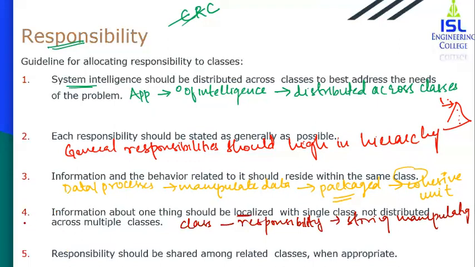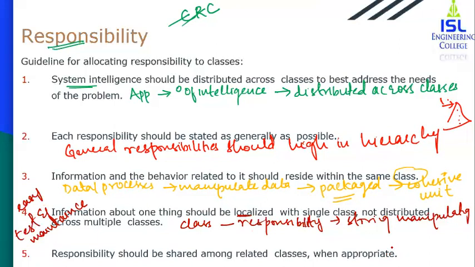If multiple people are given the task of storing and manipulating data, then it becomes very challenging to test and maintain the data. So that testing and maintenance should be easy.